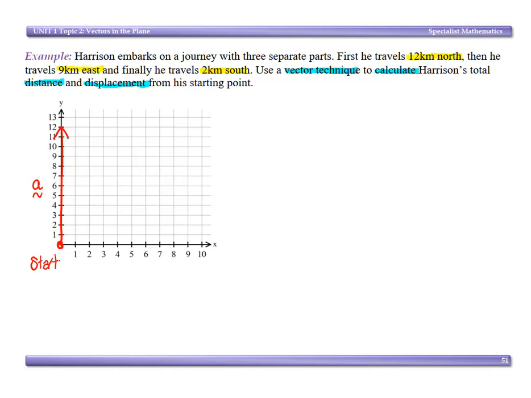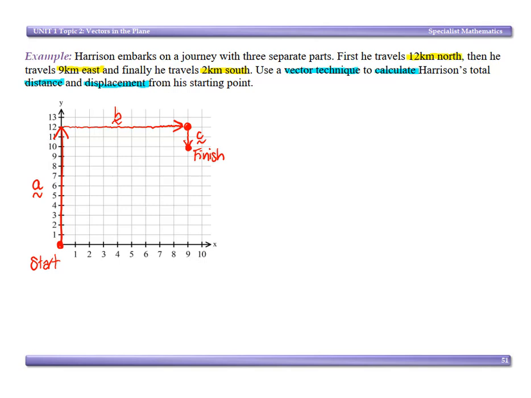I'm going to label that vector A. He then travelled 9 kilometres east. I'm going to label that vector B. And finally he travelled 2 kilometres south, and I'm going to label that vector C. So this here is the finish.